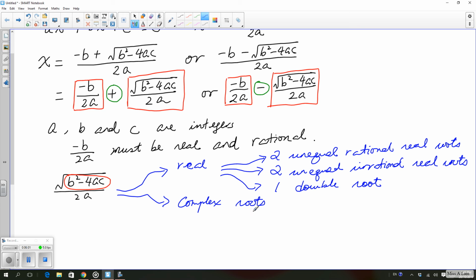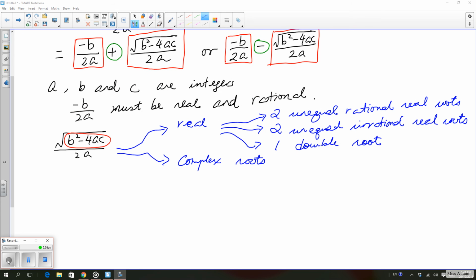Now, we look at this way. I just want to focus on complex roots this time. Now, when will we have complex roots? b squared minus 4ac is less than 0, which is a negative number.